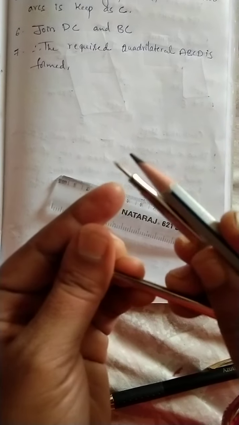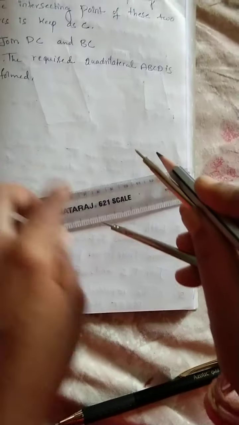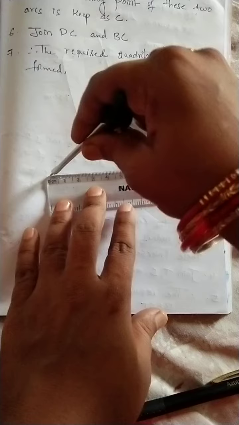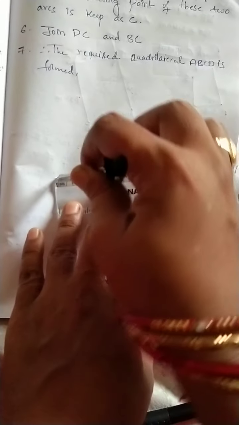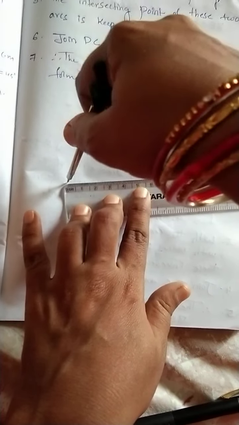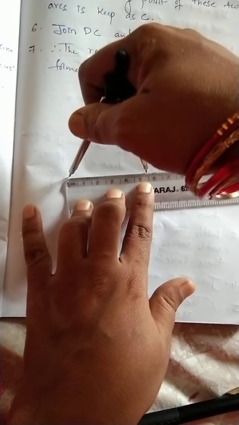Just I am extending, I am taking 5.5. Okay, so keep the metal pointer at the 0, and here 5 centimeters, 5.5. Okay, 5.5 we can take. Here 5 is there, so the middle between 5 and 6 is 0.5, so this is 5.5.